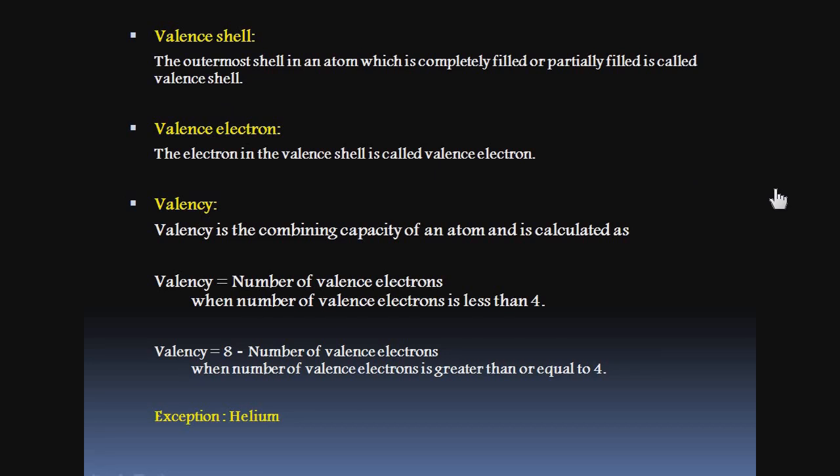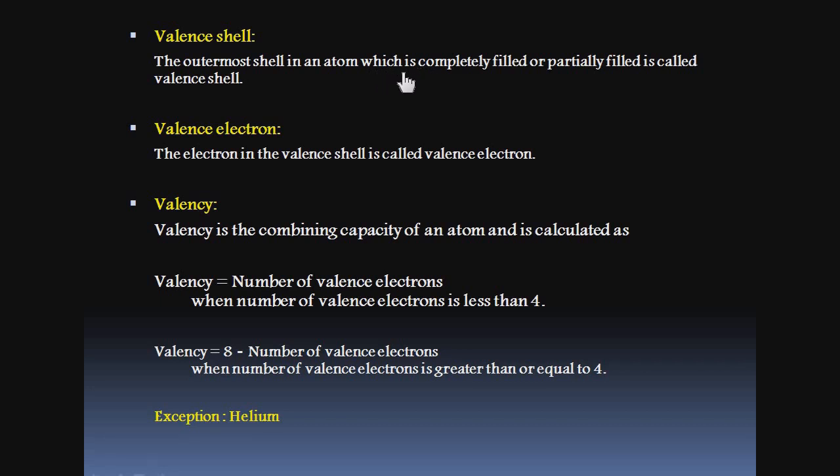What is meant by valence shell then? Electrons are revolving around the nucleus in different shells. Out of these shells, the outermost shell is called valence shell. The outermost shell in an atom is called valence shell.